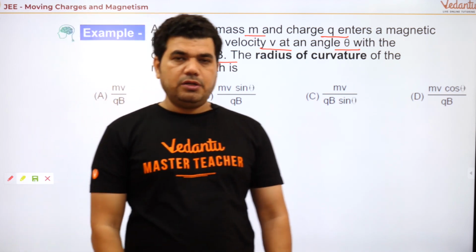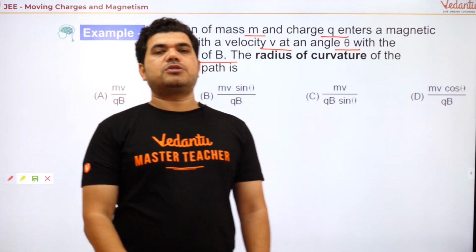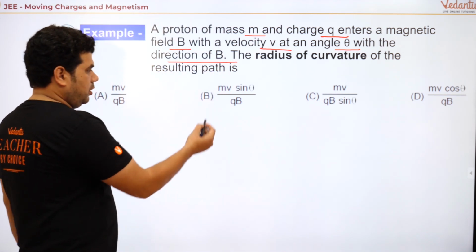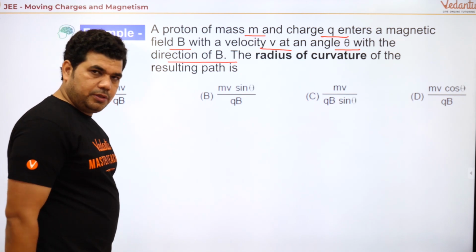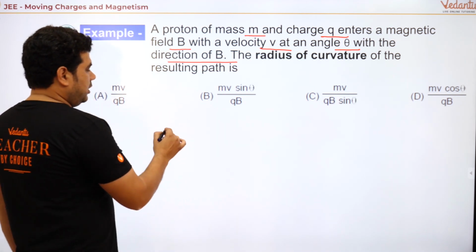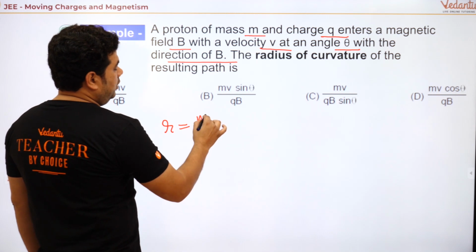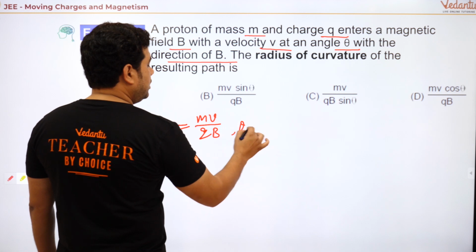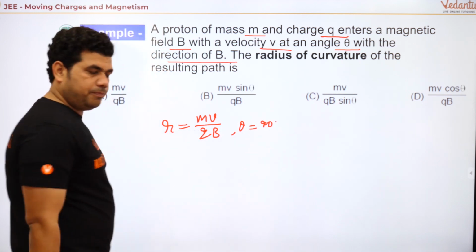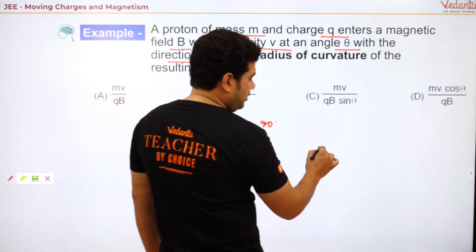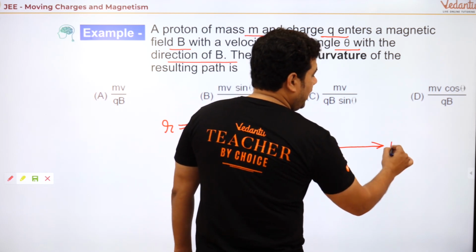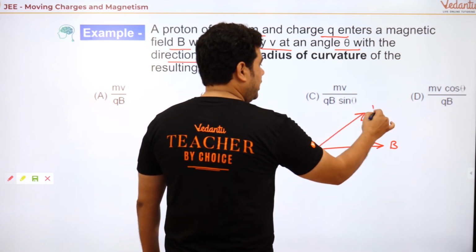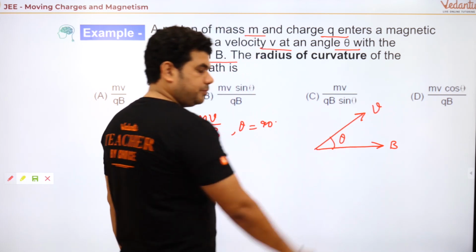So what we have to find? We just have to find the radius of curvature. Most of the students would answer: the radius r is equal to mv upon qB if theta is equal to 90 degree. But suppose this is the magnetic field B, and the velocity makes an angle theta.